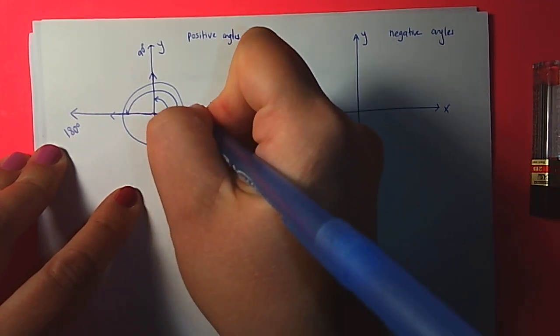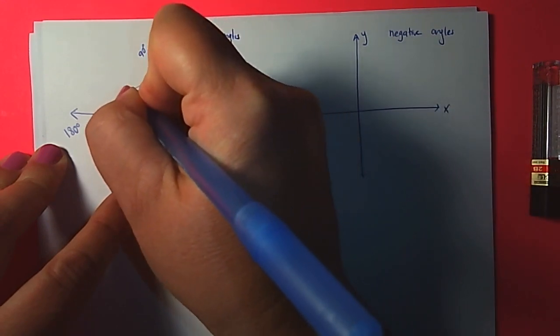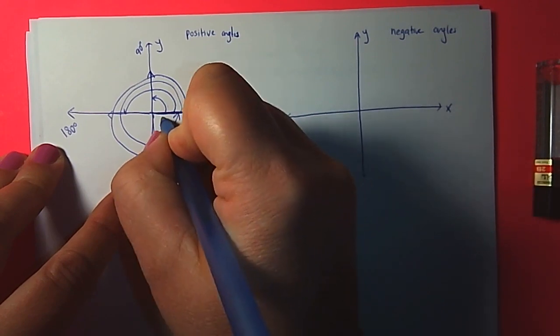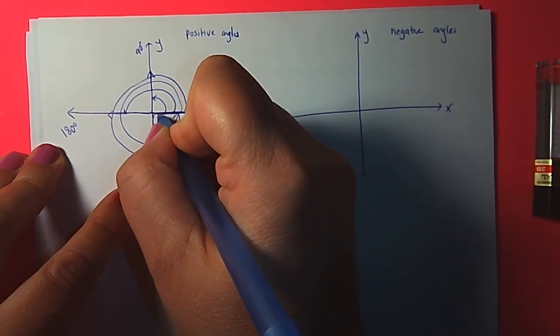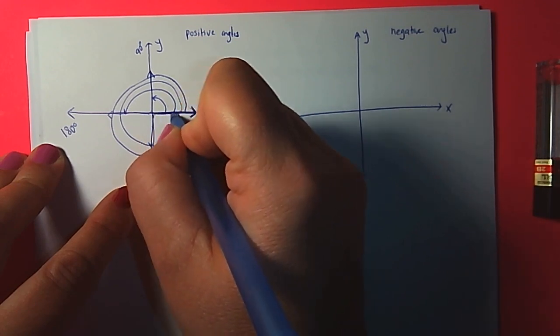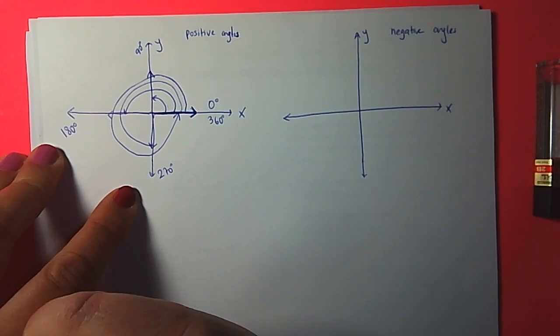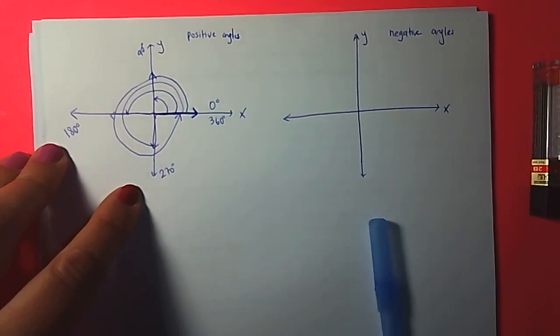And finally, if we need to draw 360 degree, we go all the way back to the positive x-axis. So the terminal arm is located on top of the initial arm on the positive x-axis, and that gives us 360 degree. Knowing this will help you a lot when sketching the angles.